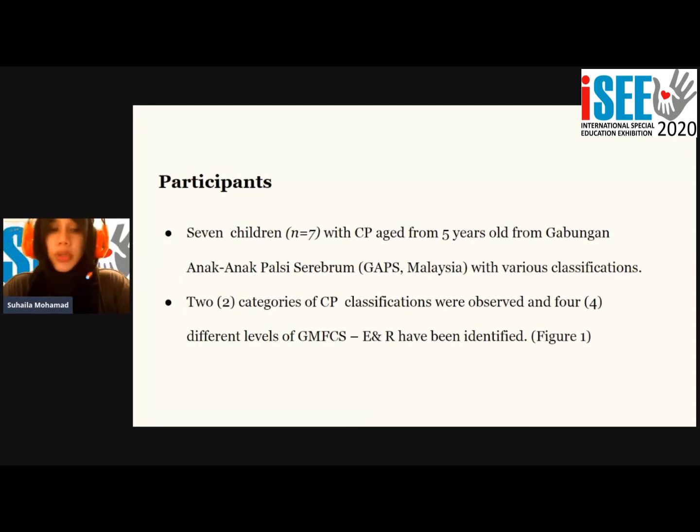Seven children with cerebral palsy aged from 5 years old from Gabungan Anak-Anak Palsi Serebrum or GAPS Malaysia with various classifications were gathered. Two categories of CP classifications were observed and four different levels of GMFCS-ER have been identified.